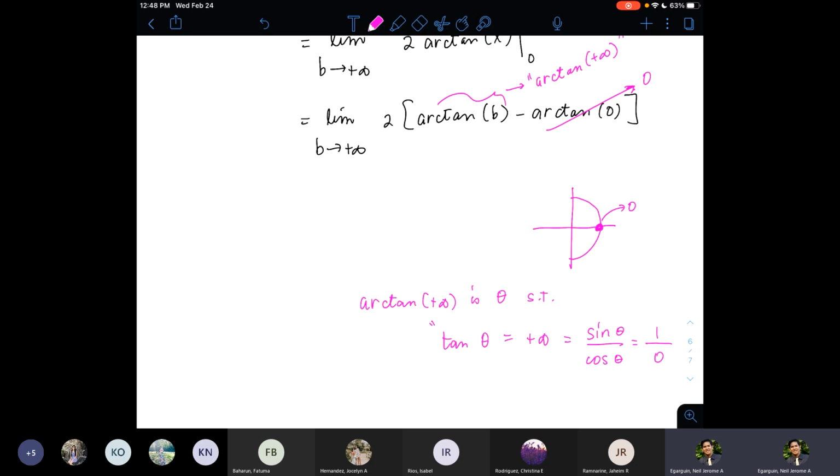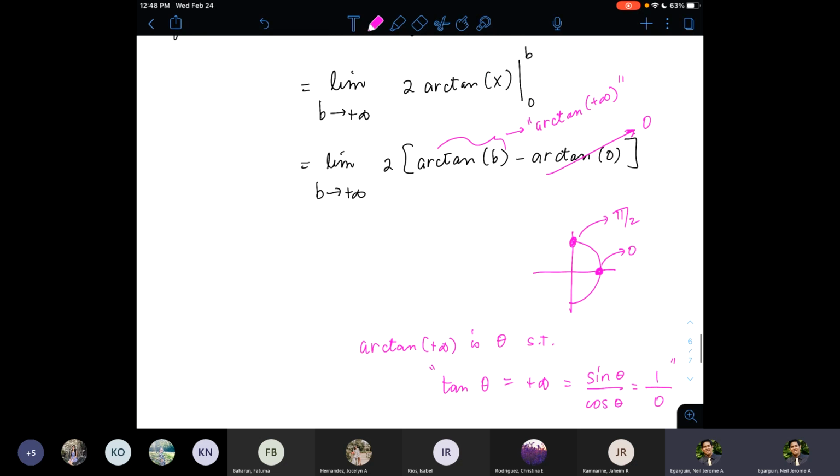So yeah, Christina is correct. When is sine equal to 1 and when is cosine equal to 0? Luckily, that happens here at pi over 2. At pi over 2, sine is 1 and cosine is 0. So arctan of infinity happens to be pi over 2.